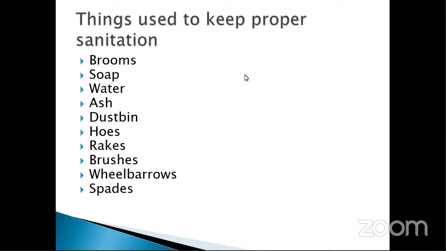And then we went on and talked about the importance of sanitation. We also discussed the ways of promoting sanitation and then the things used to keep proper sanitation. And we have come to the end of this.